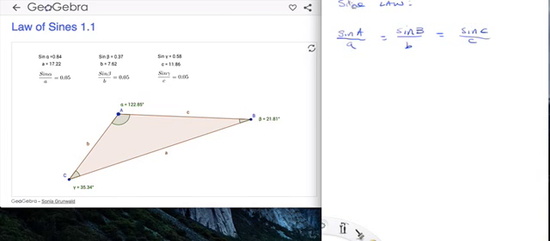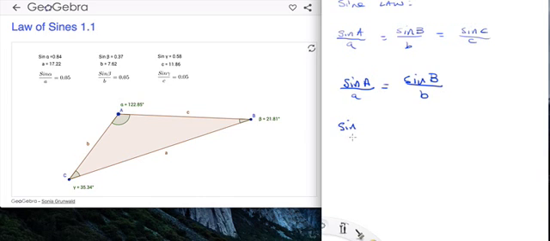So I've placed the triangle the way it is, and I'm going to set up a proportion to show you how you can find a missing side or a missing angle. If I have sine A over the opposite side A, then I can make it equal to sine B over the opposite side B, because we know that it's the same value.